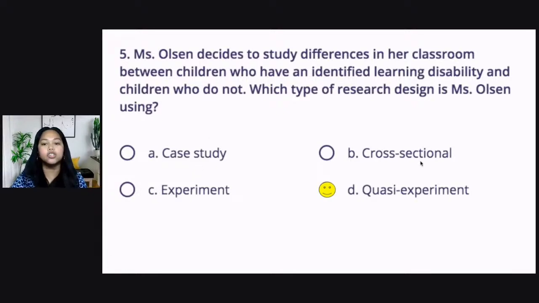Hindi siya cross-sectional, although there is no time given, no? Baka mahaba din naman yung study niya. Experiment, again, we know the difference between experiment and quasi-experiment. Quasi po, pag yung differences happen naturally. They occurred naturally. Okay, so quasi-experiment, yung ating hinahanap dito, letter D.